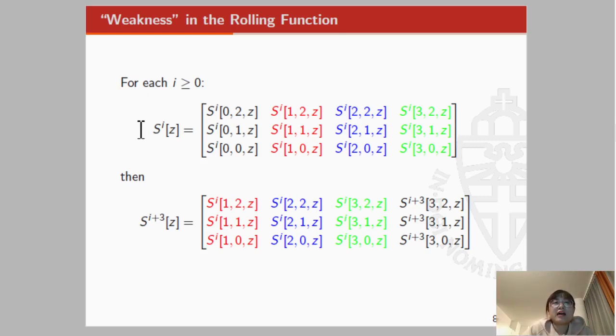Say si is the initial state, and si plus 3 is the 3-time rolling function applied on si. There is a strong relationship between si and si plus 3. In detail, this shade equals this shade equals this shade, and this shade equals this shade.